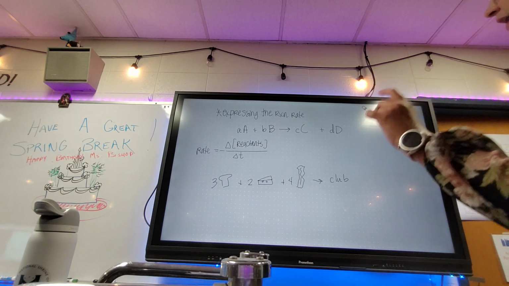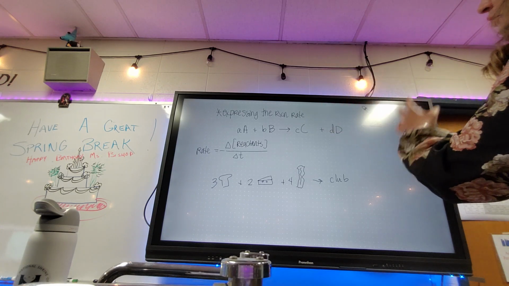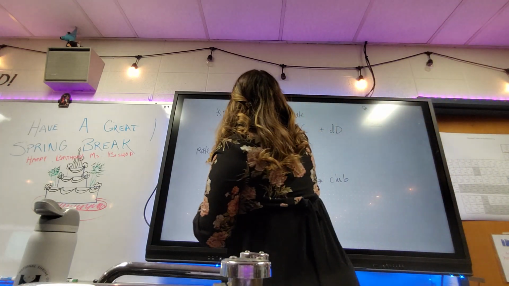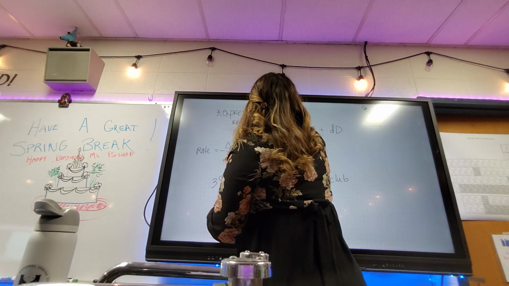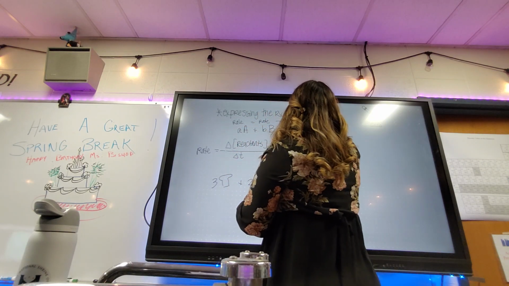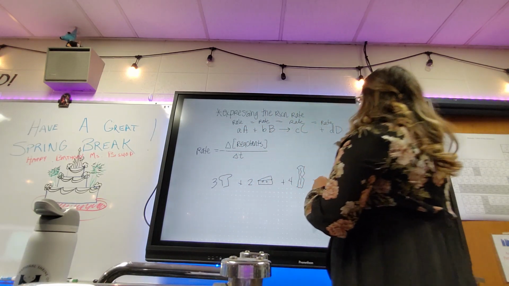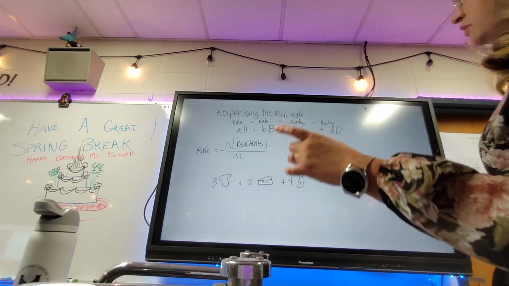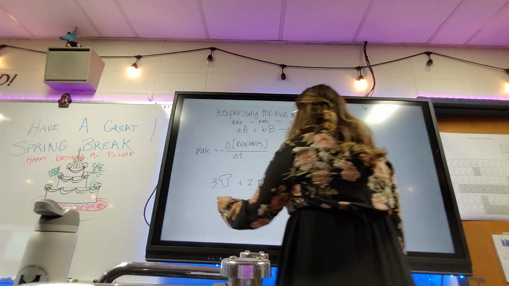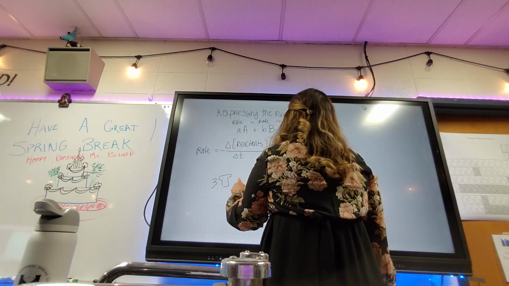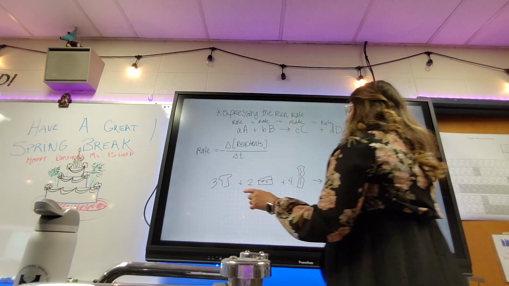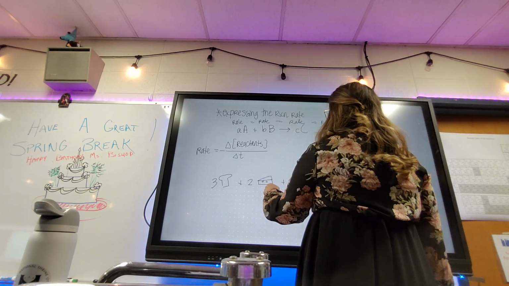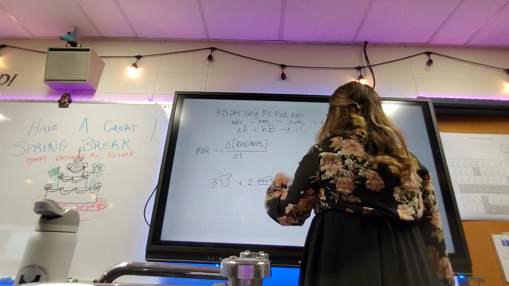Okay, so the rate has to be equal for every single component of the reaction. So in other words, the rate for A has to equal the rate for B, has to equal the rate for C, has to equal the rate for D. If that's true, how do we account for the fact that we need to use 3 pieces of bread for every 2 pieces of cheese?